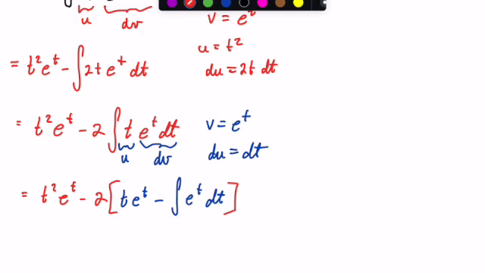And now, do you know how to integrate the last standing integral? Yes, e to the t dt is going to just be e to the t. So we'll have our t squared e to the t minus 2 times t e to the t minus the antiderivative e to the t, which is e to the t.